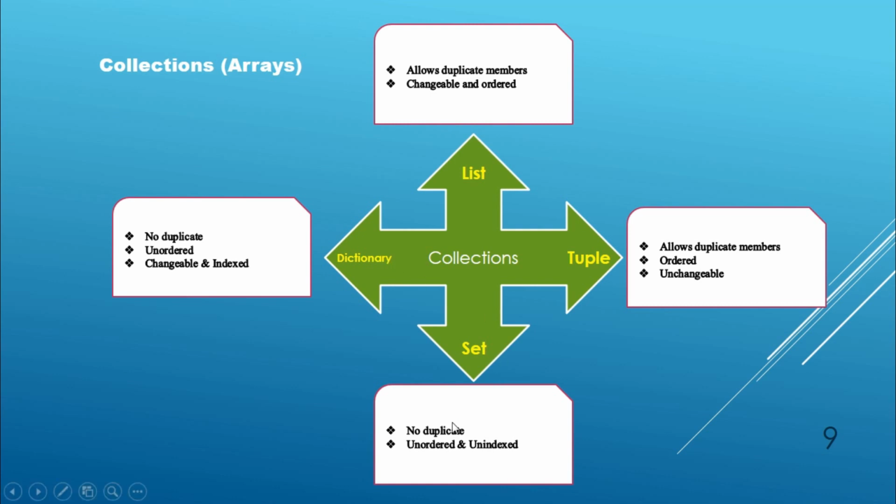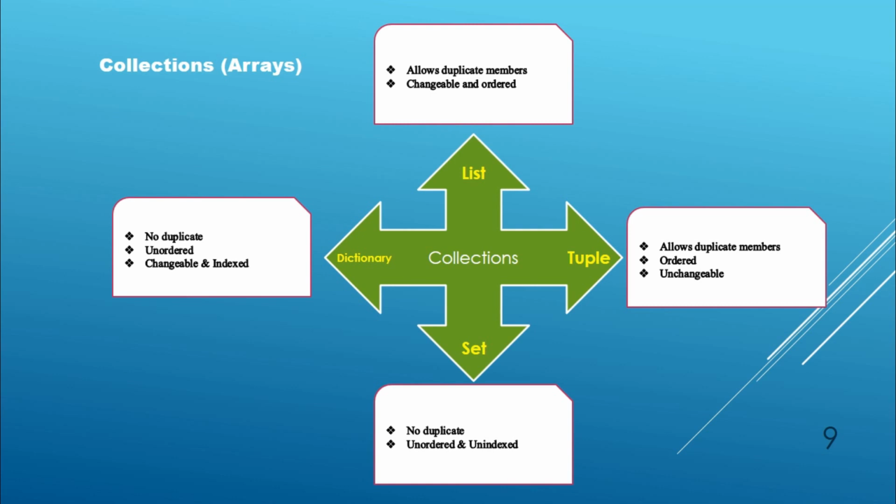Set is a kind of collection which doesn't allow duplicate members. Its members must be unique, and it is unordered. It means whenever you define or insert a bunch of members in a set, anytime you print, the order of its members can change.